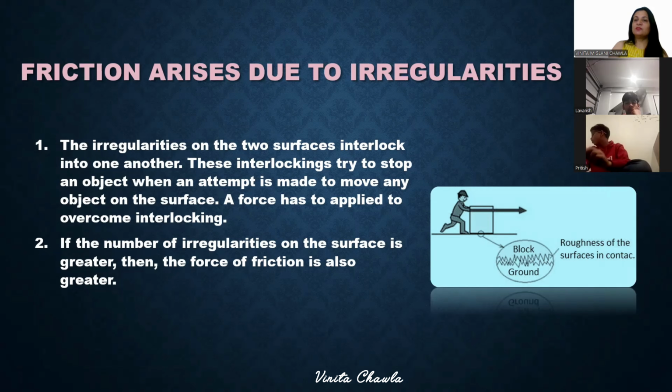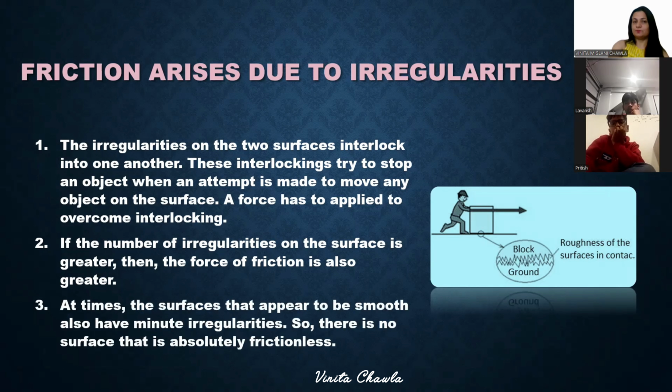Yes. If the surface is not very rough, if the surface is quite smooth, then force of friction is less. But if there are a large number of irregularities, then the surface is quite rough and therefore force of friction is also greater. At times, the surfaces that appear to be smooth also have minute irregularities.